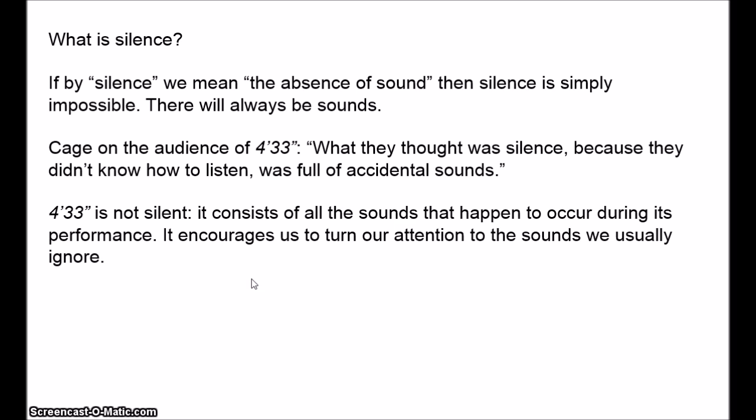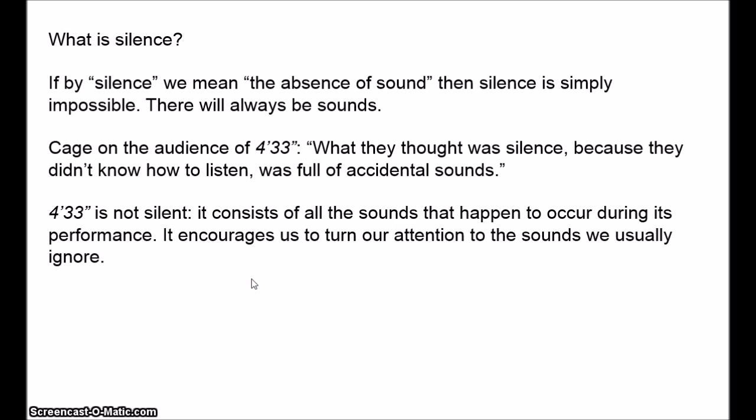Now, something quite radical follows from this point. If we see 4'33" as consisting just of silence, then there's a very straightforward sense in which Cage is the composer. We can say, okay, Cage specified a particular amount of silence. There's not much involved in that, but that is an act of composition.